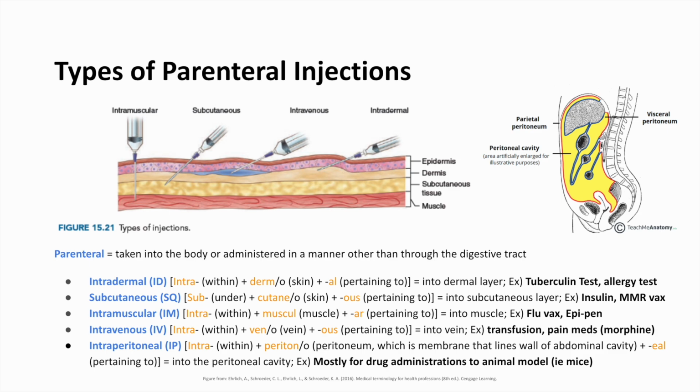I don't know exactly why, but you will inject the antigen for tuberculosis into that dermal layer, and usually a day or two after, you will go back to the clinic and they will check if there's some kind of reaction. If there is, that means you are immune to tuberculosis because you have an antibody that is targeting that antigen.